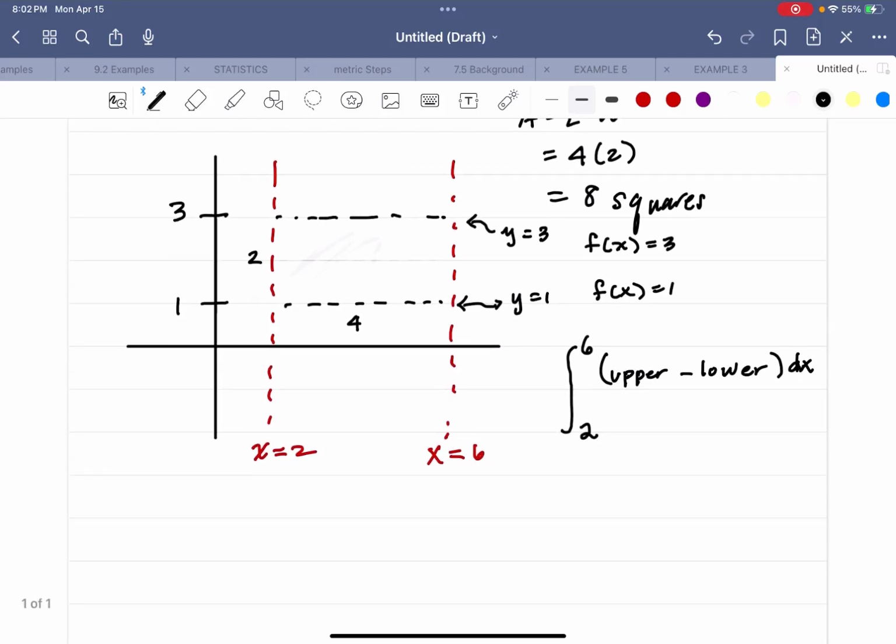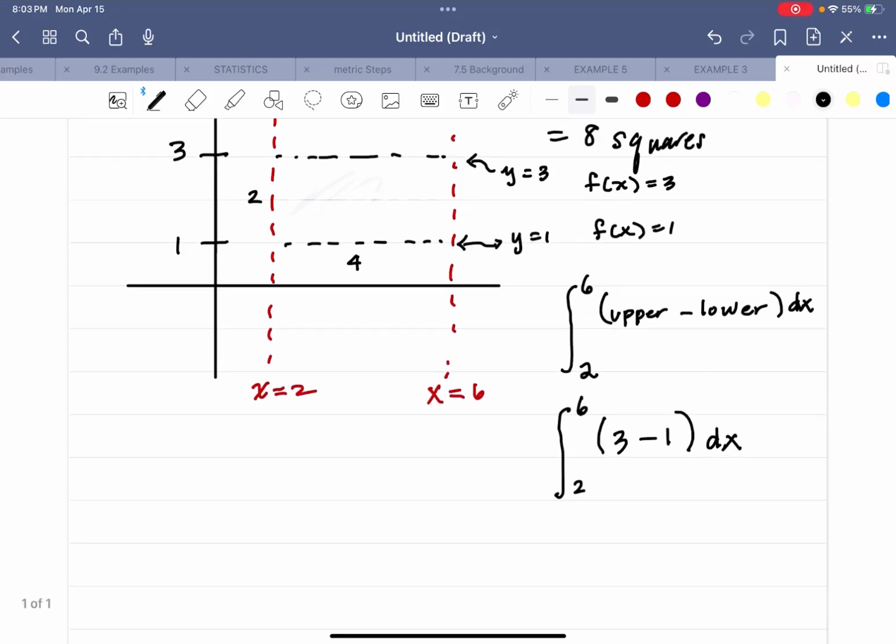Now in our case, our upper, f of x, is 3 minus our lower, which is 1, dx. Now, it is true that these are constant functions. So look, we just have constants, 3 minus 1. You'll have other formulas for those functions, though. They won't be horizontal lines. So this is from 2 to 6, 2 dx.